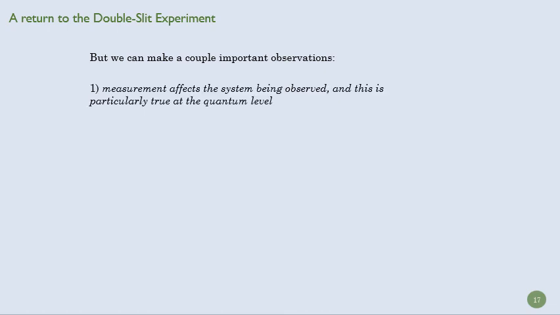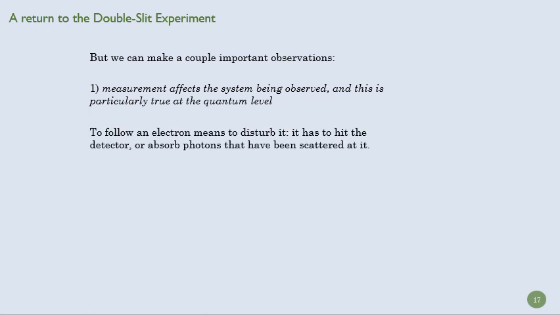But we can make some observations, and they're not small observations. They're really important ones. One is that measurement affects the system being observed. This is true at any level, at the Newtonian level or the quantum level, but it's particularly true at the quantum level. If we try to follow an electron, any way that we can use to detect where that electron is going to change that electron.